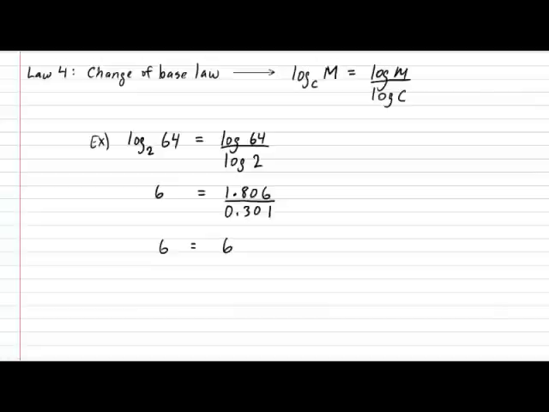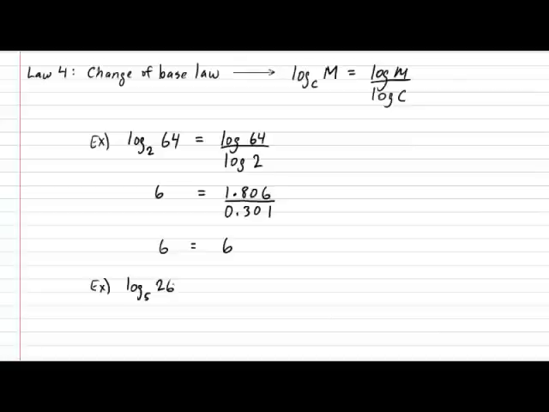Let's take a look at another example to see this law in action. Suppose I ask you to calculate the following. What is the result of log in base 5 of 26? So this is basically asking you 5 exponent what gives us back the 26.